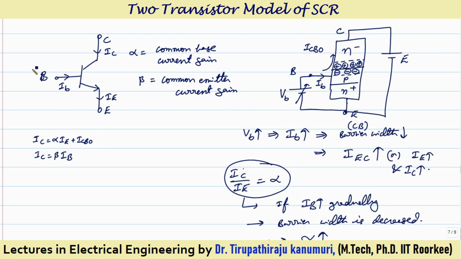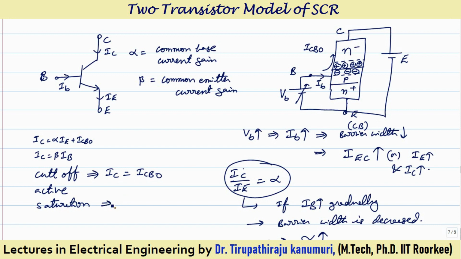Now if you take any transistor, it will operate in 3 modes: first the cutoff region, then the active region, and then the saturation region. I am representing the saturation region here. In the cutoff region, the value of IC will be equal to only ICBO.